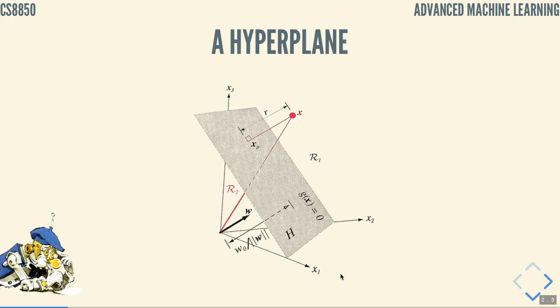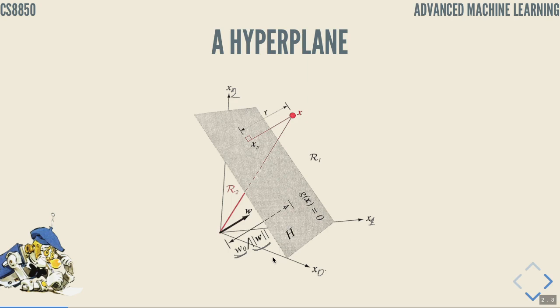Slightly different notation from what I proposed in the previous slide, but let's say x0, x1, x2, right? So the distance from the origin is our bias weight normalized by the length of the w vector.